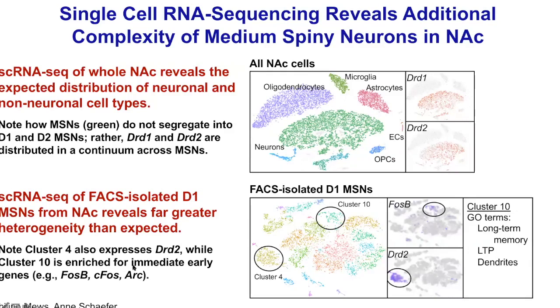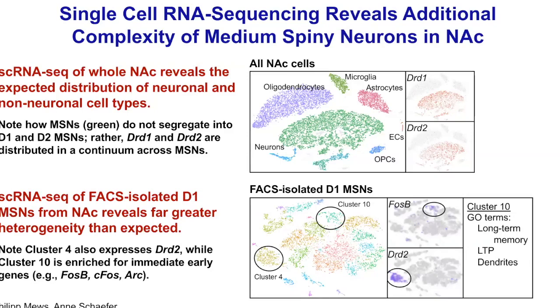What Philip has done has gone one step further. He has taken FACS isolated D1 medium spiny neurons from nucleus accumbens and done single nuclear sequencing on just the D1 population, so just isolating the positive cells that are depicted here and expanding what heterogeneity can be observed.